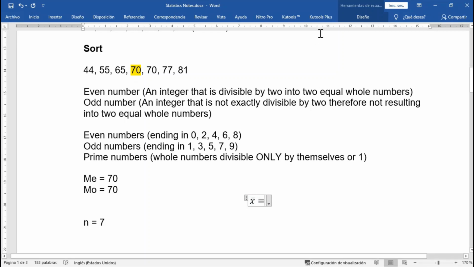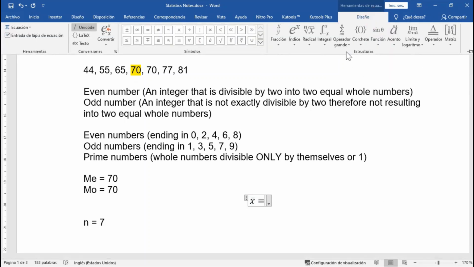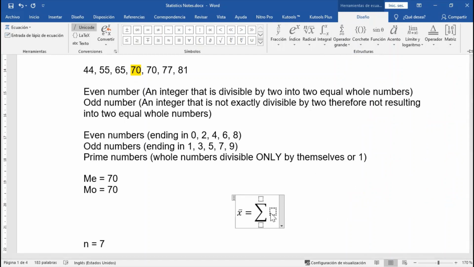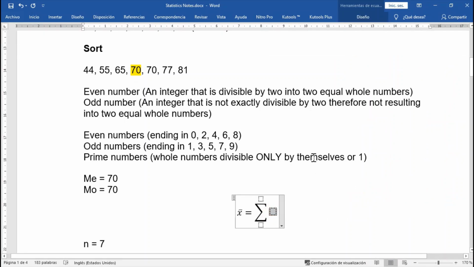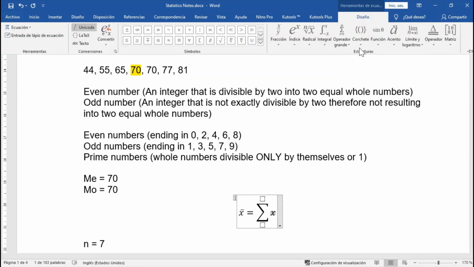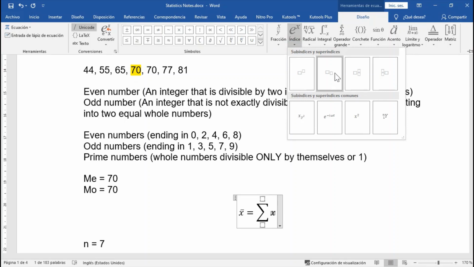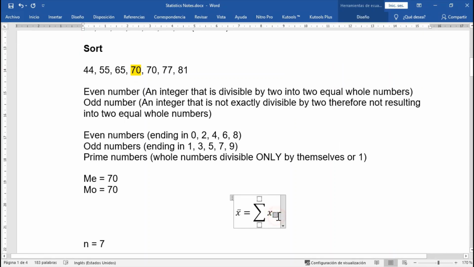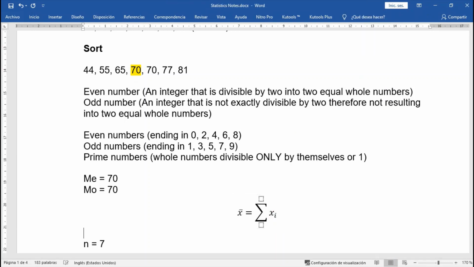So it says that it's the sum. Let's use this, like that.